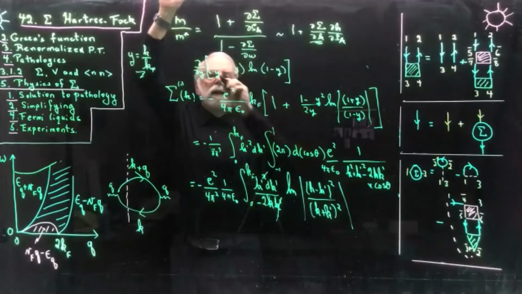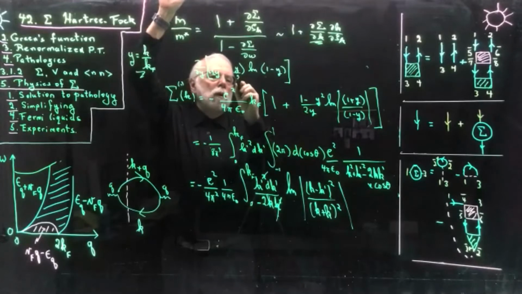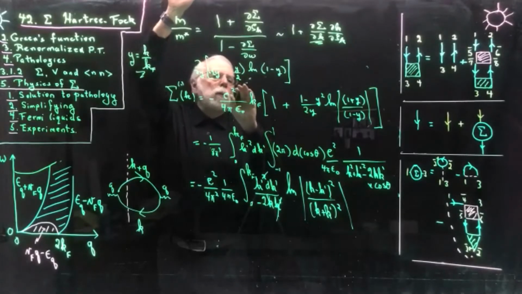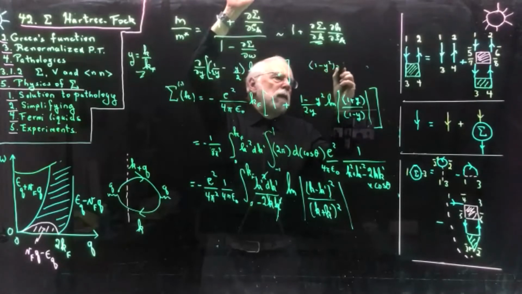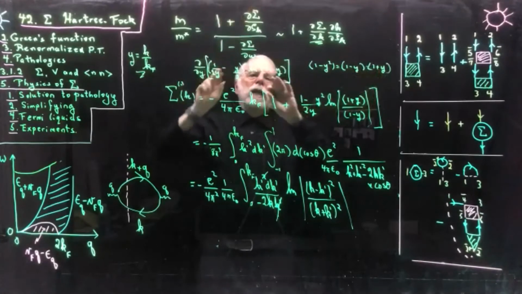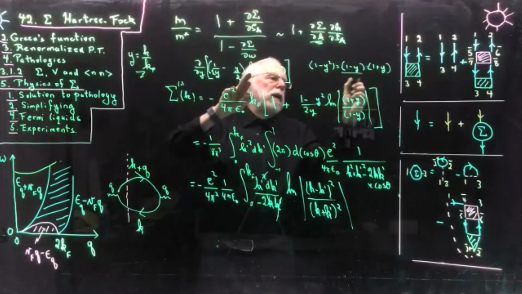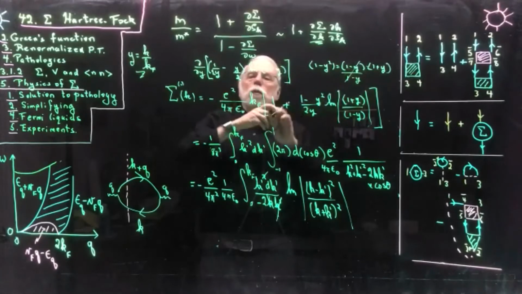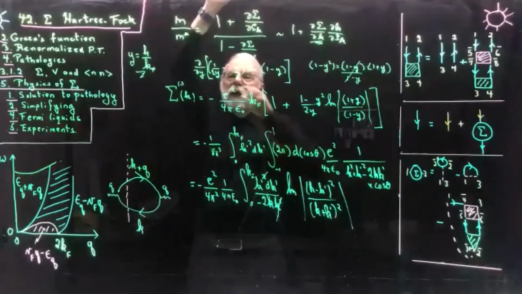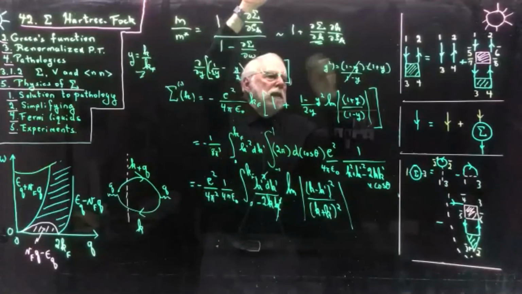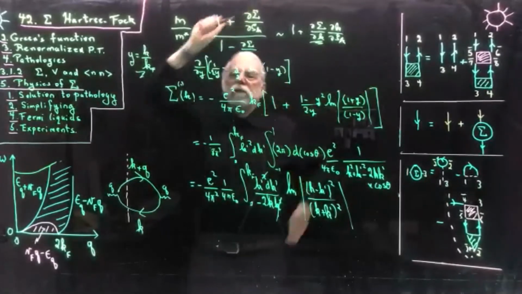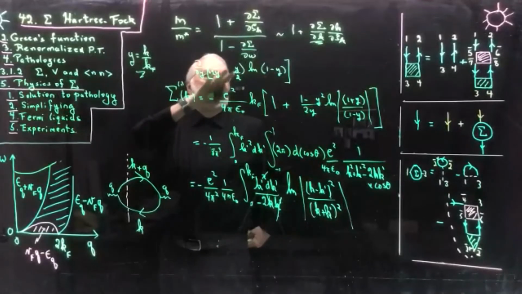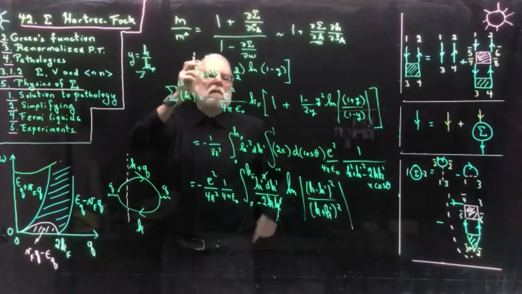So 2y, 2. Okay, so the point is that 1 minus y squared is equal to 1 minus y times 1 plus y, okay? So when I differentiate the log, I get another 1 minus y here, and that's no problem. But when I differentiate this and evaluate at y equals 1, the prefactor is not a problem.